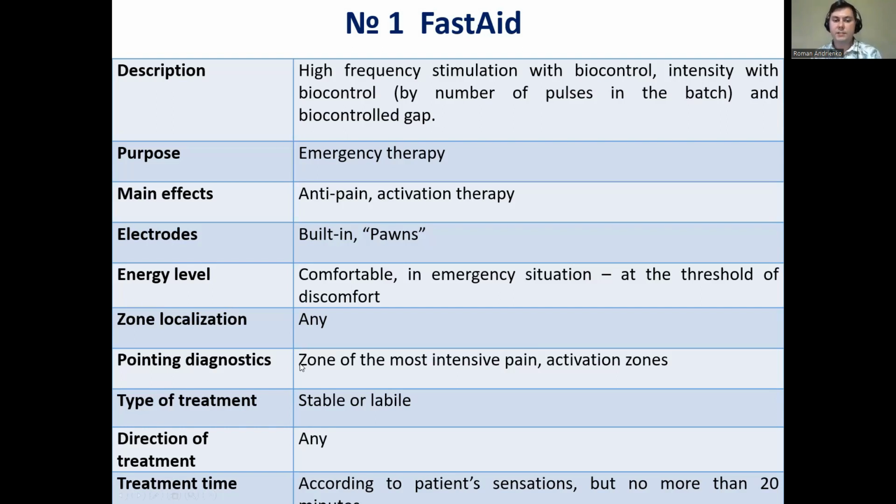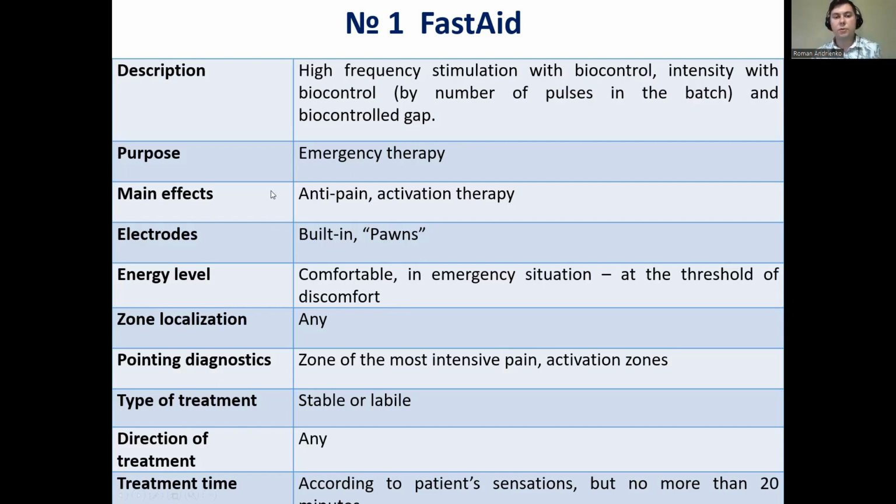Here we address the zone of the most intensive pain, the activation zones. It is used in emergency situations, and we use comfortable treatment energy. But if we're dealing with an emergency situation, put it at the threshold of discomfort. This is when you will get the most out of it.